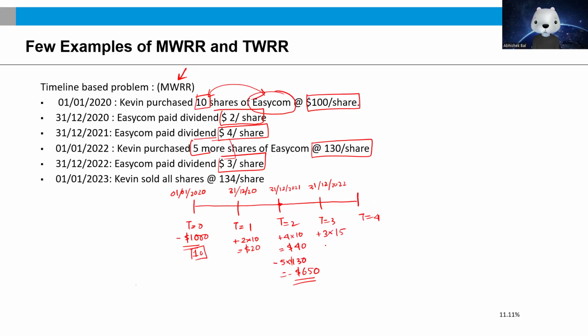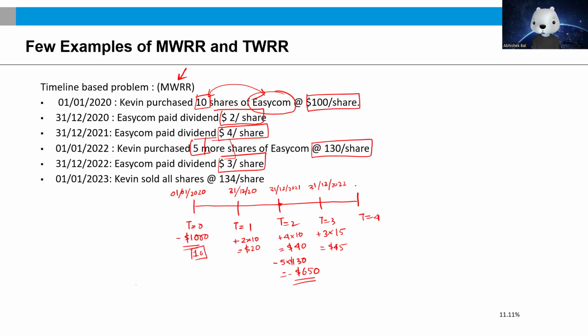So with each of these shares, the cash inflow happens to be 45. Let's recheck once. Yes, $3 a share dividend was being paid, and all put together, he had 15 shares. So yeah, $45 cash inflow has happened.